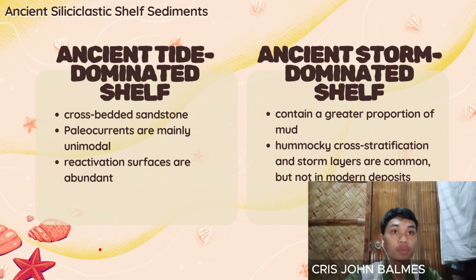Moving forward, its paleocurrents are mainly unimodal, apparently because of ancient regional net sediment transport, although bipolar cross-stratification is present locally. When we say paleocurrent, it is a sedimentological feature contained in all sedimentary deposits which enables the direction of movement of the sediment and the containing fluid at the time of deposition to be determined. Now, when we say unimodal, it means one primary direction, meaning that in our ancient tide-dominated shelves, the sediments are moving all in one direction.